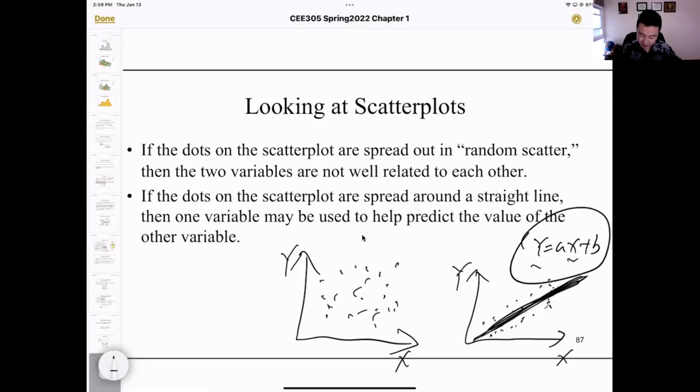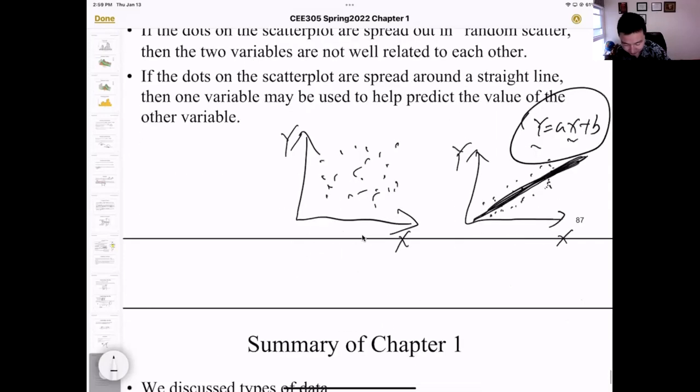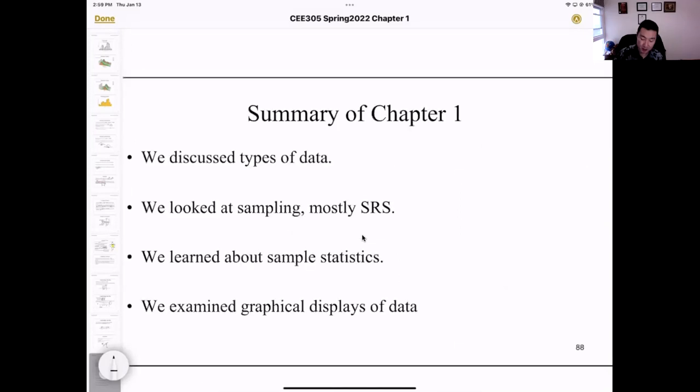All right, I think that's the end of chapter 1. In chapter 1, we discussed types of data. We also looked at how to do sampling, mostly SRS, which is a simple random sample, where we just pick the sample like a lottery.